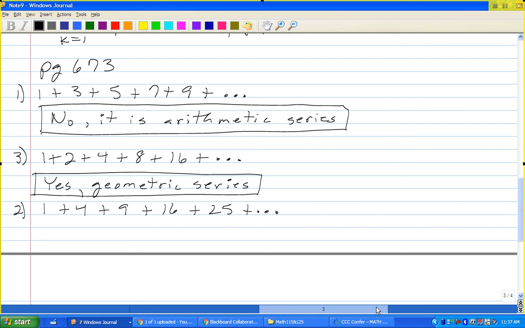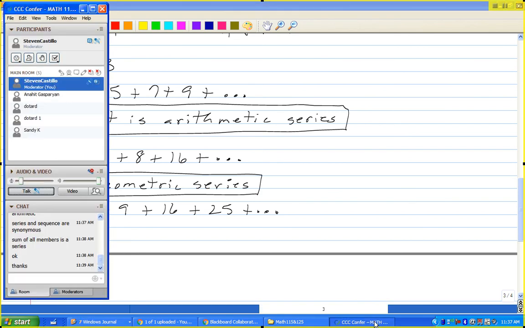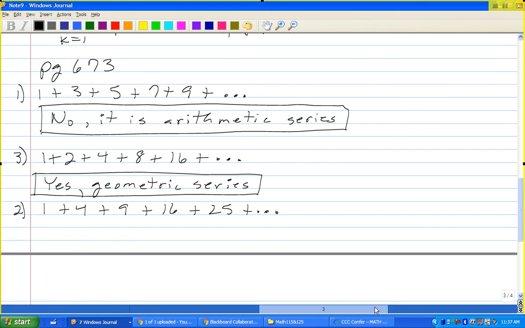Okay. So, 1 plus 4 plus 9 plus 16 plus 25, is that a geometric series? Well, no, because you're not always multiplying by the same amount. Notice, to go from 1 to 4, I multiply by 4, but to get to 9, I'm not multiplying by anything. So no, this is not a geometric series.